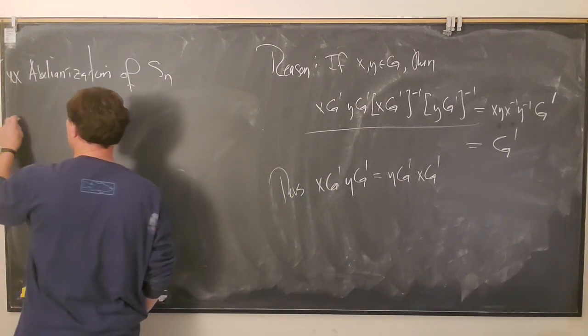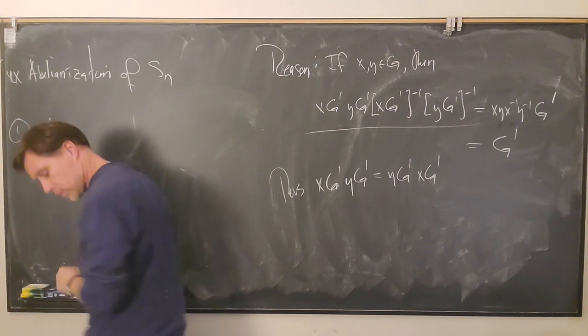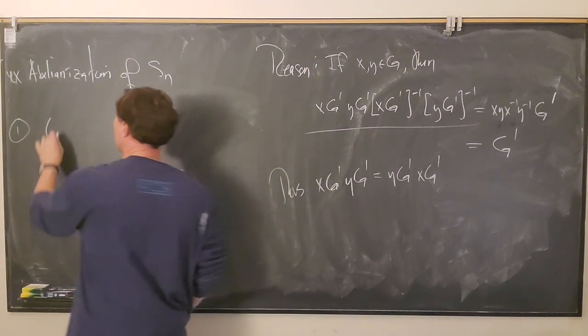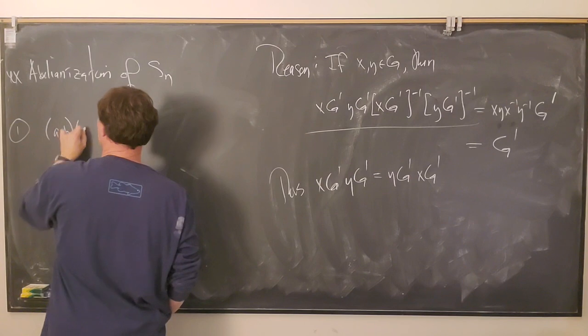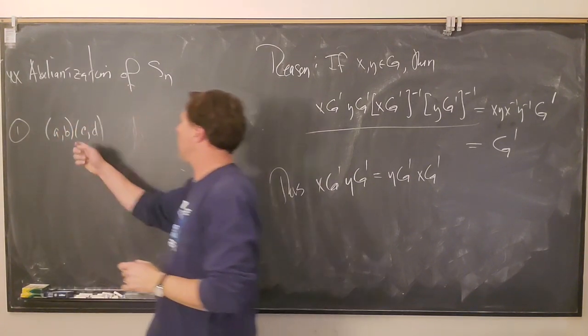First, let's look at the product AB times CD, the product of two transpositions.